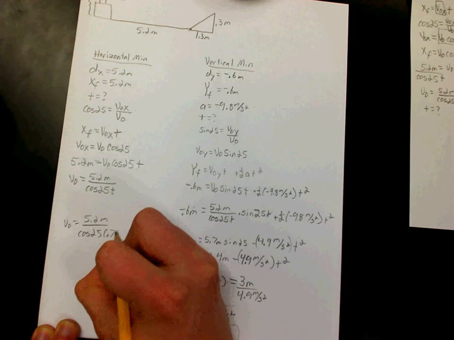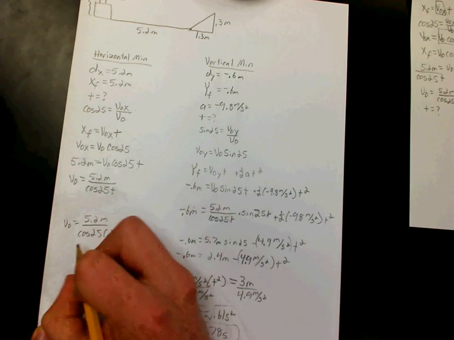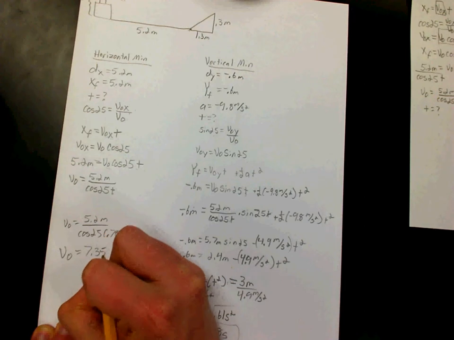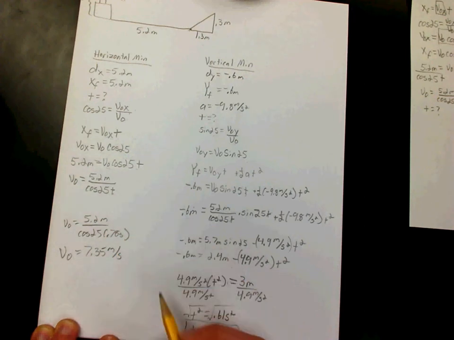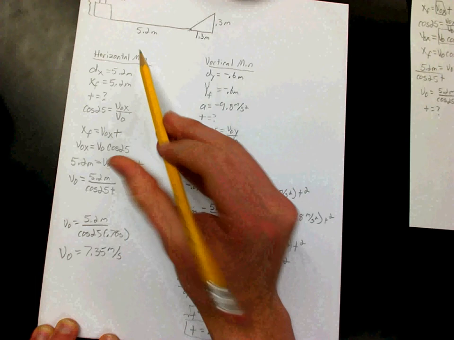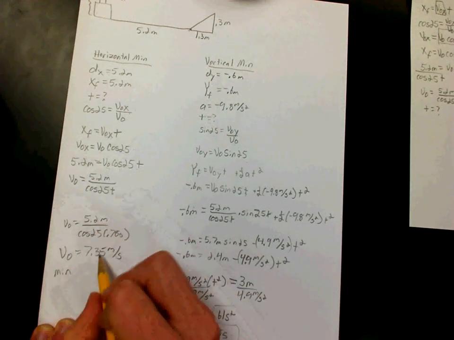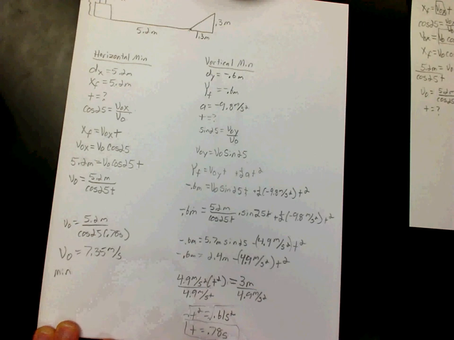My initial velocity is 7.35 meters per second. Again, this is my minimum velocity. So my initial velocity minimum needs to be 7.35 meters per second. If you came close due to rounding or significant figures, great. Hopefully that'll set you on track.